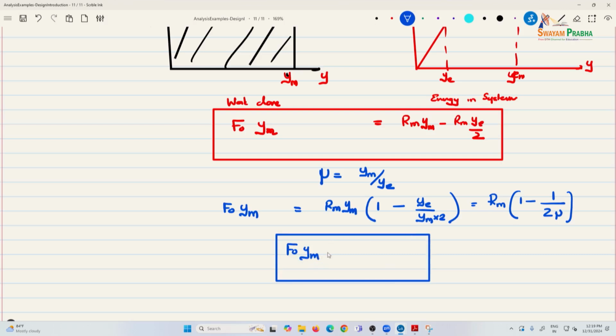F naught ym is Rm ym, right? If I take ym out, Rm times 1 minus ye by 2ym. So, this gets cancelled. So, F naught is Rm multiplied by that term. My question is, what is the advantage of expressing the same term in this manner?